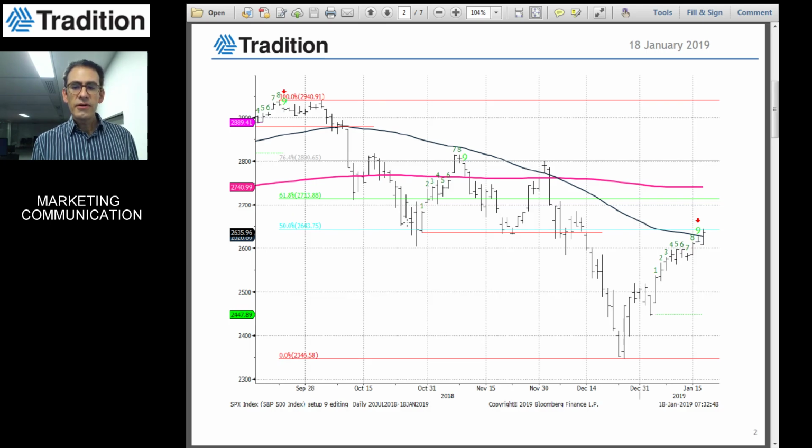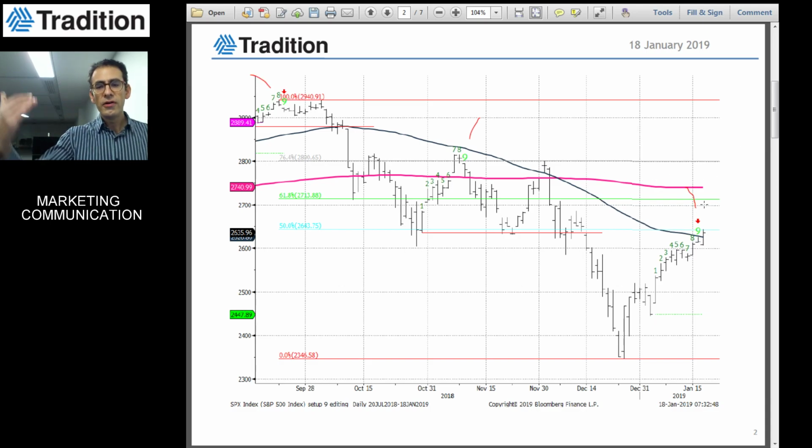So if we start with the S&P 500, first of all, how do we calculate these 9s? You can see the 9 on the chart. When the 9 is above the bar chart, it means it's a contrarian sell. When it's below prices, so we don't see any example here, it means it's a contrarian buy.